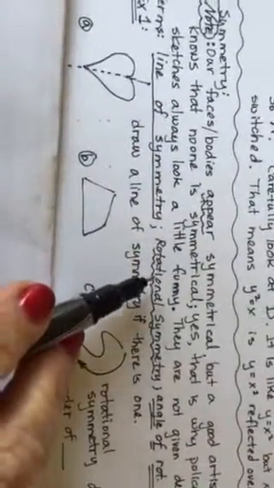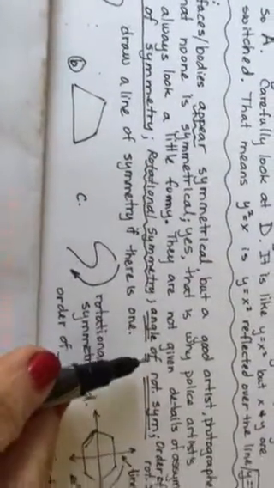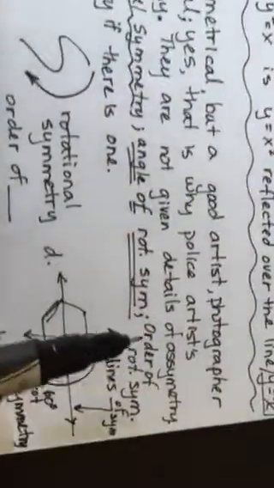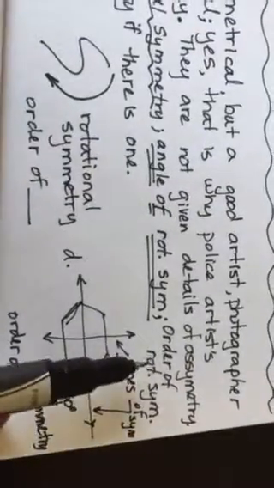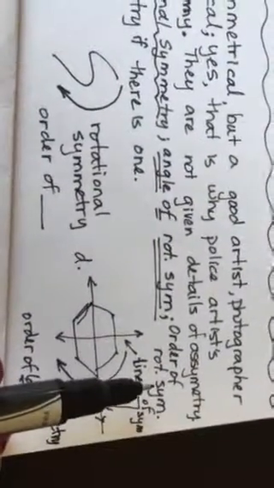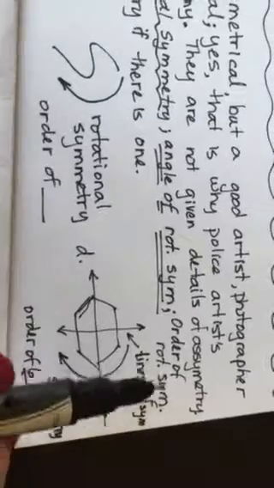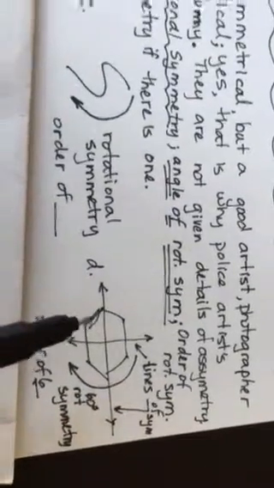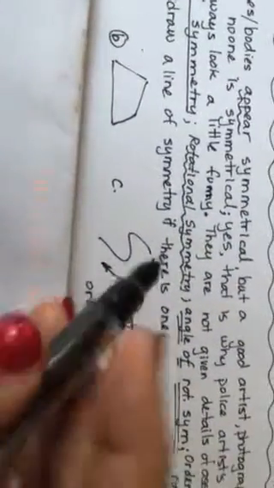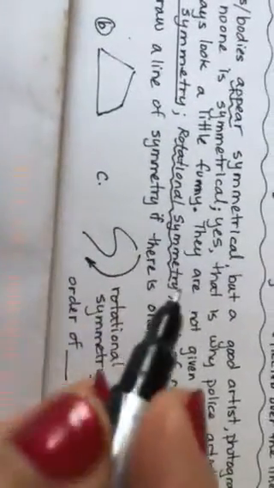We are also going to learn about rotational symmetry, and also an angle of rotation symmetry, and the order of rotational symmetry. That doesn't mean in what order they happen, it means how many times we can do it. So let's go back to C. This little squiggle S has rotational symmetry.